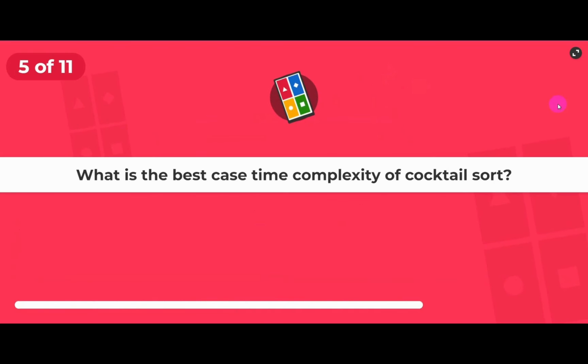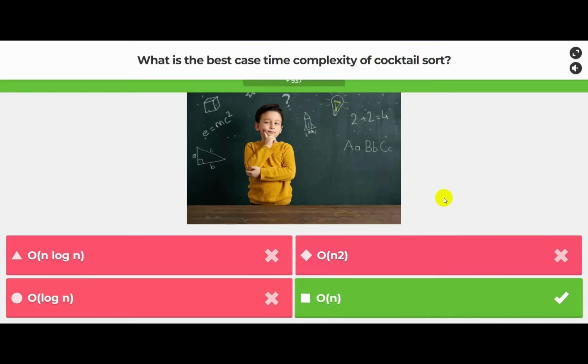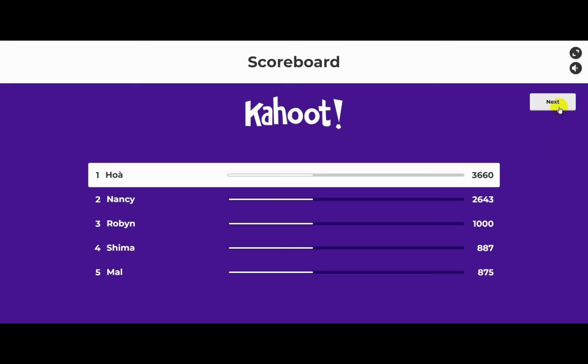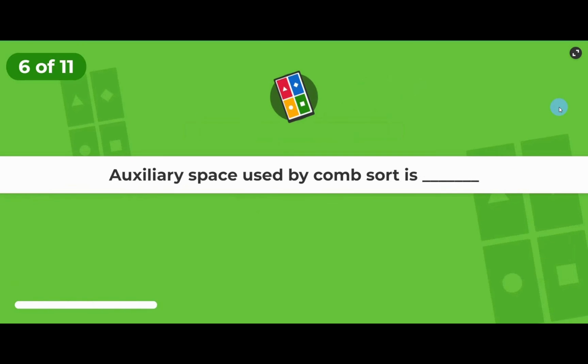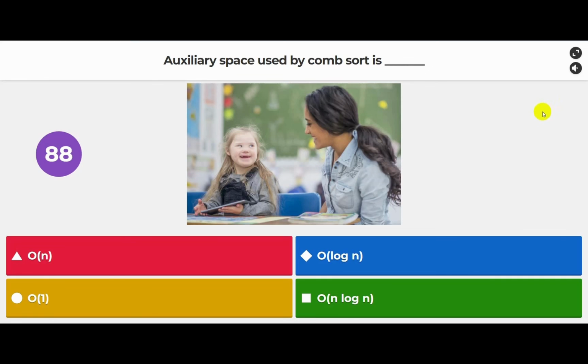What is the best case time complexity of cocktail sort? The best case time complexity of cocktail sort is O(n), like Nam already said before. Auxiliary space used by comb sort is? O(1) is the correct answer because comb sort does not require any additional space.